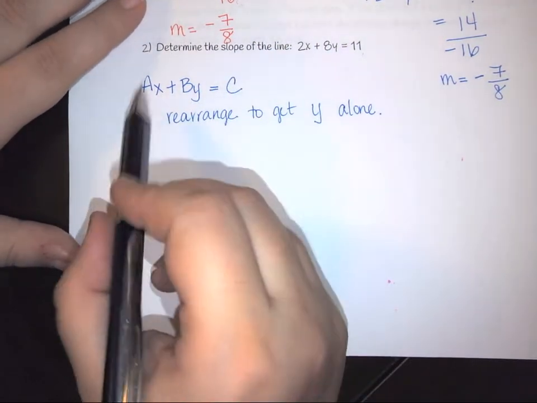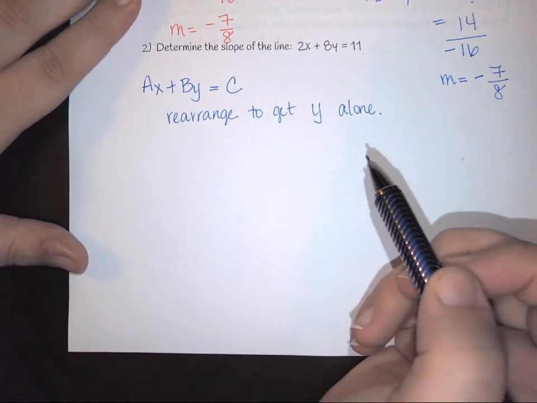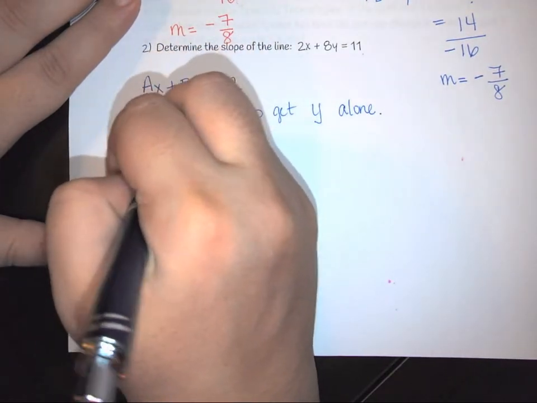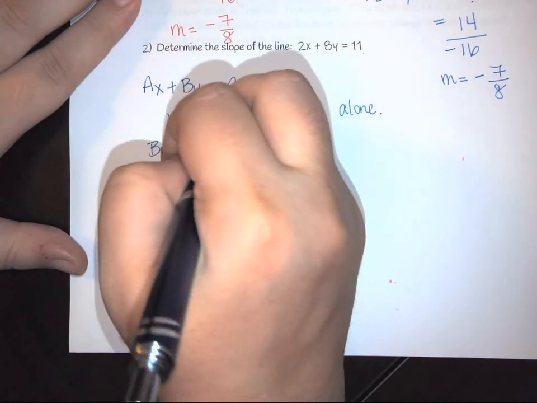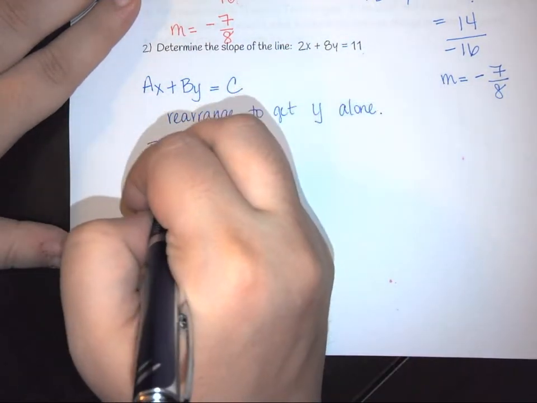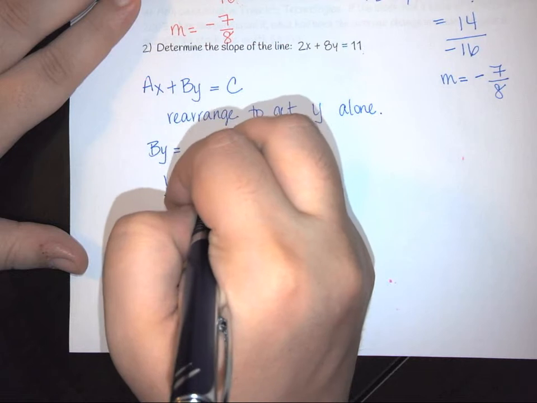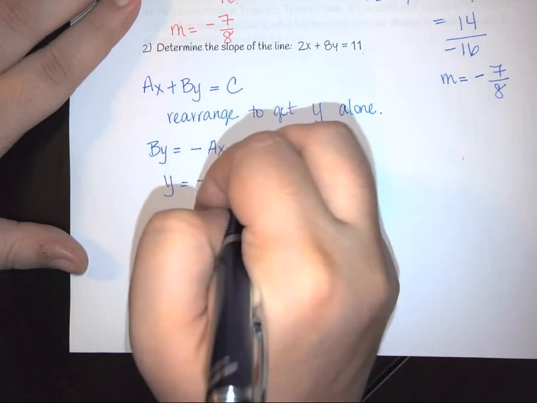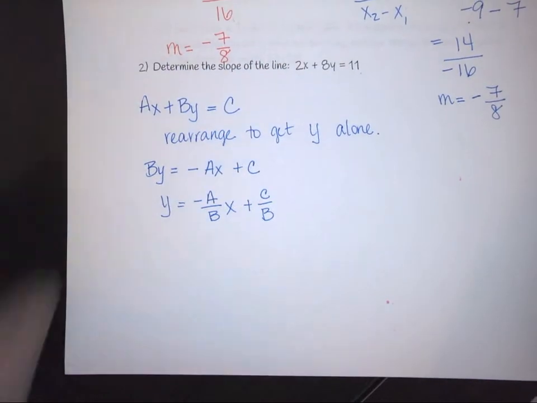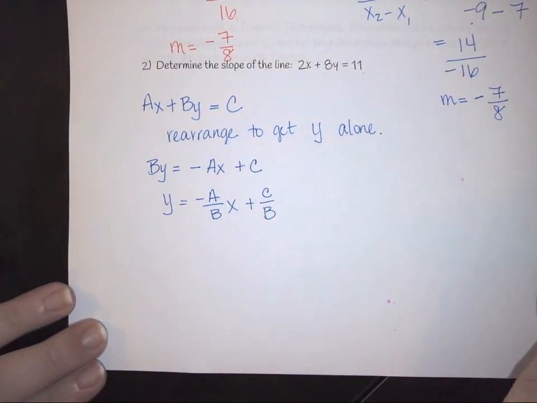So here I have ax plus by equals c. To rearrange it says that I would have that by is equal to negative ax plus c. Divide everything by b. Y is going to be negative a over b x plus c over b. So this is the general idea of what it is that we're doing.